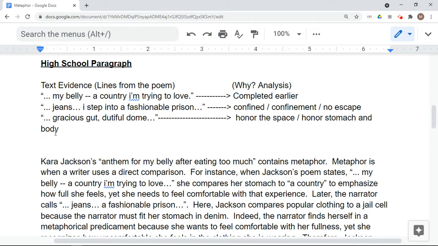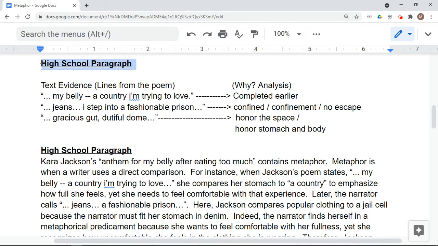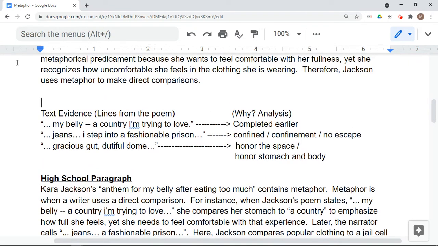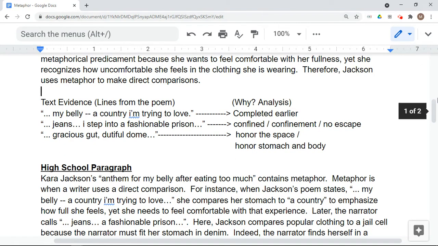And maybe Kara Jackson is like, really? Come on. Really, Cruz? So I want to go here, and I'm going to go ahead and bring this over and move this down. So honor stomach and body. And ooh, I really like where this is going. I feel like this high school paragraph is going to really just shine here. So I'm going to move this down, and let's take a look at this baby. I'm feeling really good about where this is going to go.